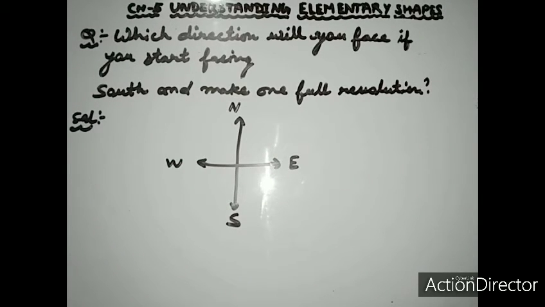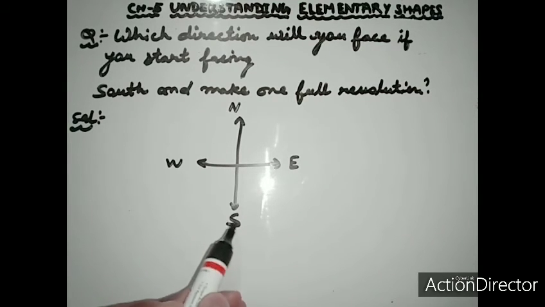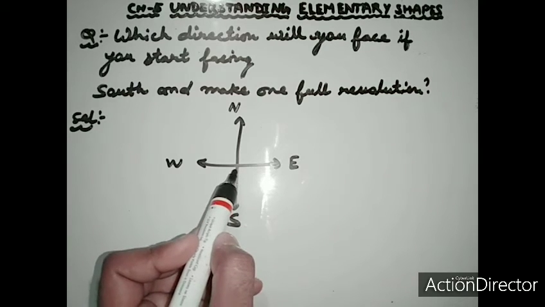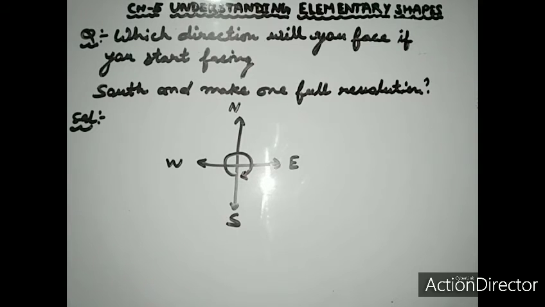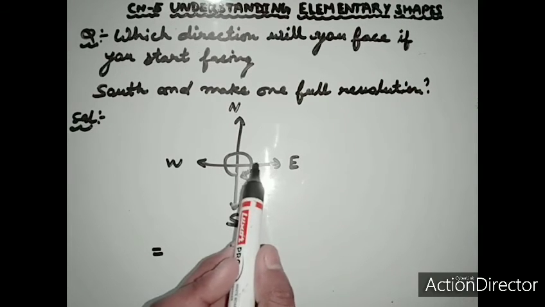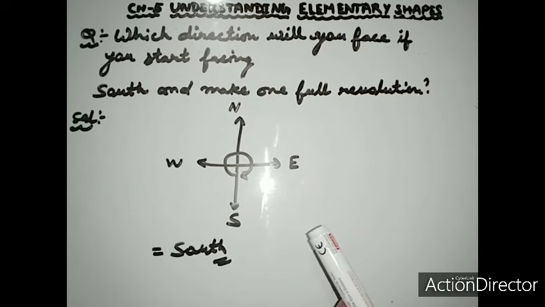The face of the person is the south side, and it's the initial position of the person. When it moves from this point to this point again, full revolution means 360 degrees. So it reaches this position again, and the face of the person is south side. So this direction chart helps us find the exact direction of a person.